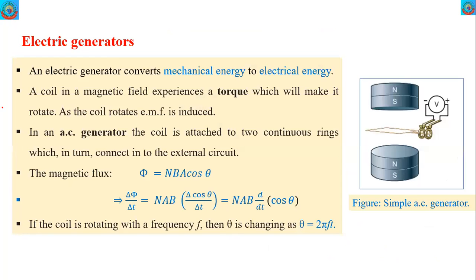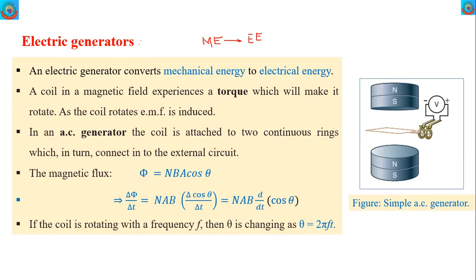Electric generators convert mechanical energy to electrical energy. The electric generator has the function of converting mechanical energy, meaning rotational mechanical energy, to electrical energy.